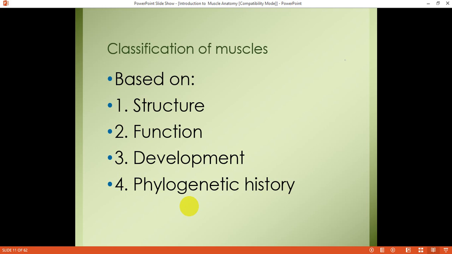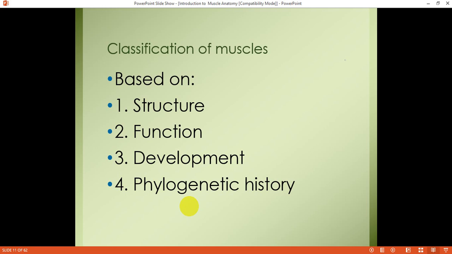Now the somatic muscles are again divided into two parts: the somatic axial muscles, which are related to the trunk, and the somatic appendicular muscles, which are related to the upper and lower limb. While the visceral muscles are also divided into two groups. The visceral muscles associated with the gut tube and other internal organs are smooth muscles, while the visceral muscles associated in the neck region with the pharyngeal arches are exceptions.